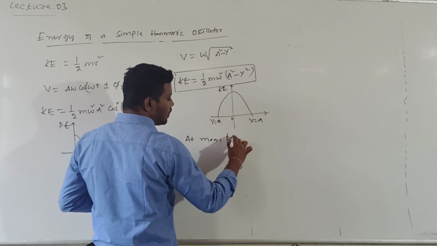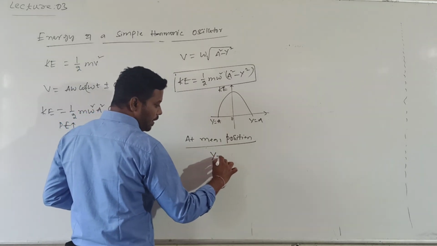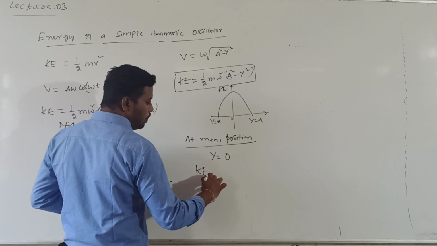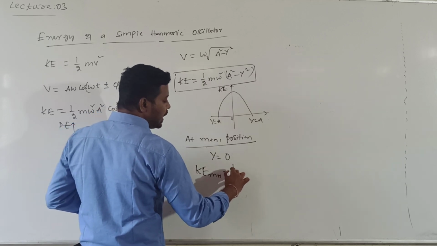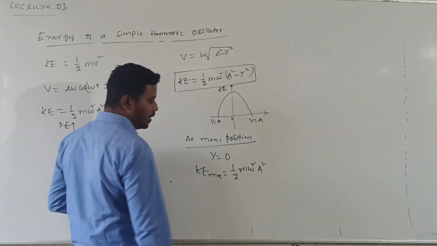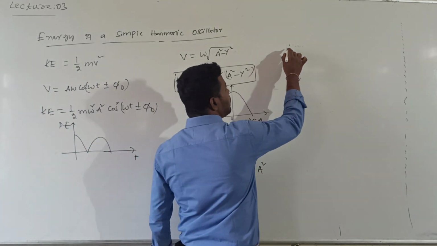At the mean position, what is the value of y? The y value is equal to 0. When y is equal to 0, kinetic energy is maximum, 1 by 2 into m omega square into a square. This is the kinetic energy at the mean position.